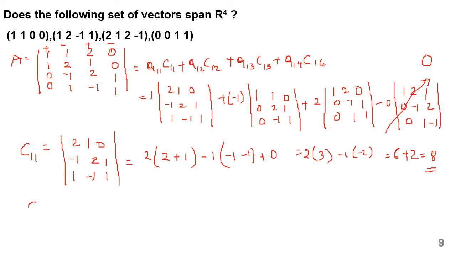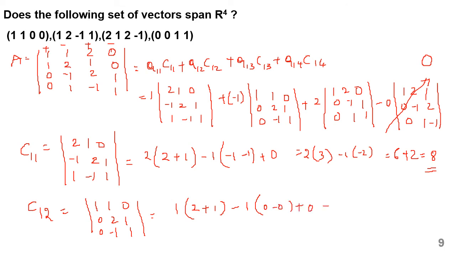Similarly, C12 will be equal to 1 1 0, 0 2 1, 0 minus 1 1, which will be equal to 1 into 2 plus 1, minus 1 into 0 minus 0 plus 0. So it is equal to 3.